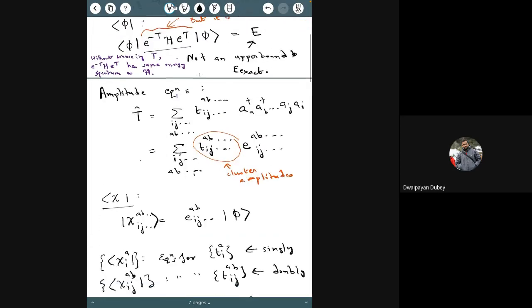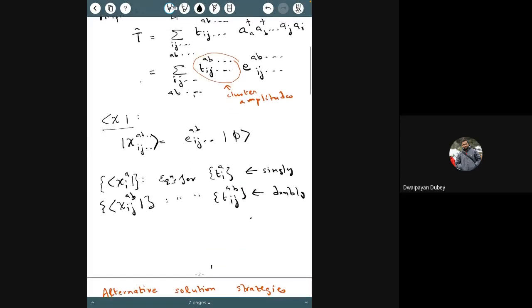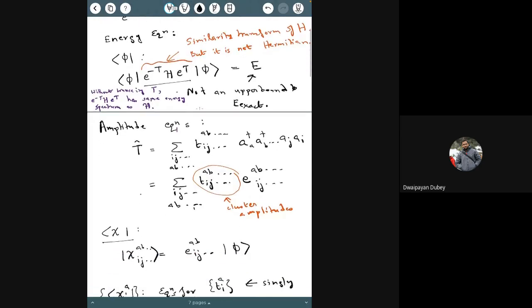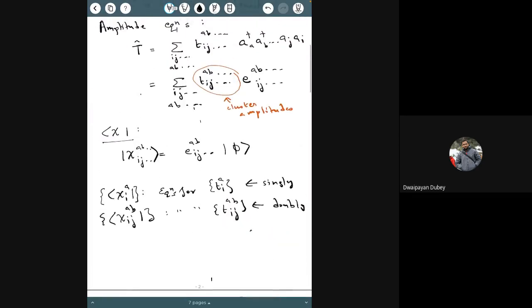So what is the missing piece? So we know the form of the cluster amplitude equations that we need to solve. So I'll put them down here again. So these are the equations that I need to solve.